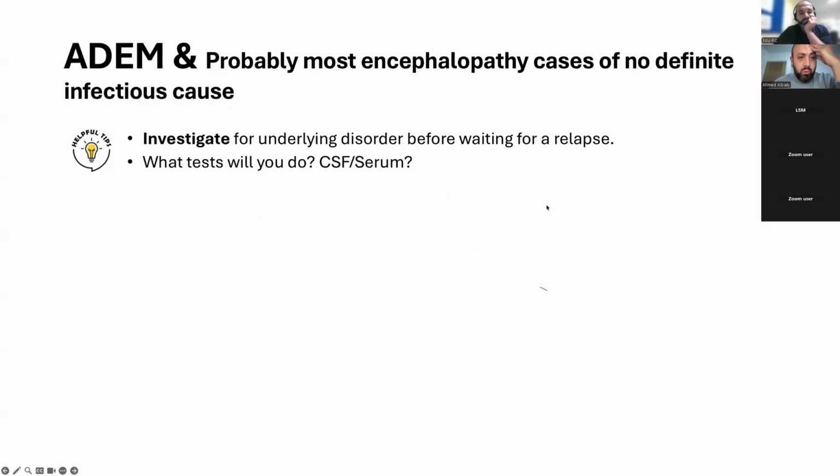So what tests will you do, and will it be serum or CSF? Considering that you mentioned already some differential diagnosis, if anyone wants to share. Yeah, oligoclonal bands.